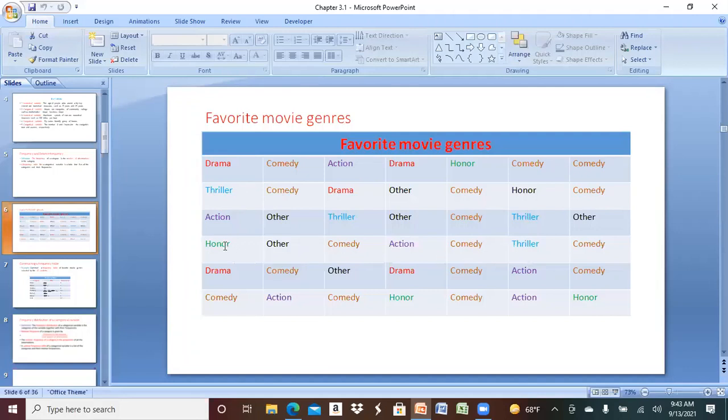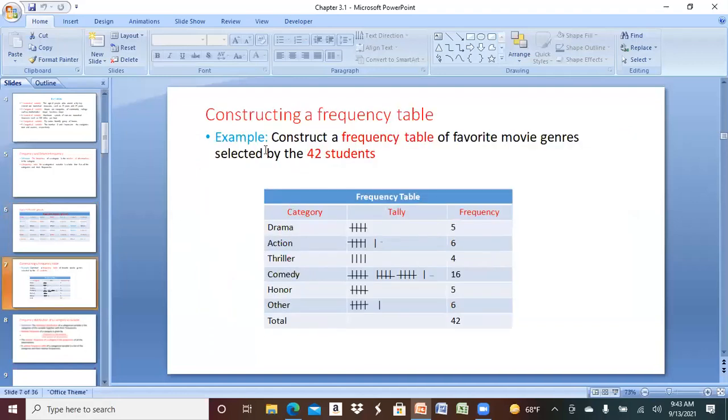And horror: 1, 2, 3, 4. So the frequency of horror is 4. And other: 1, 2, 3, 4, 5, 6. So the frequency of other is 6. That is how you construct the frequency table.